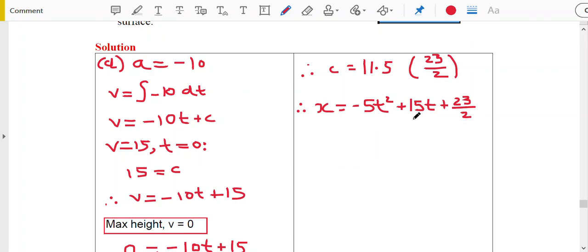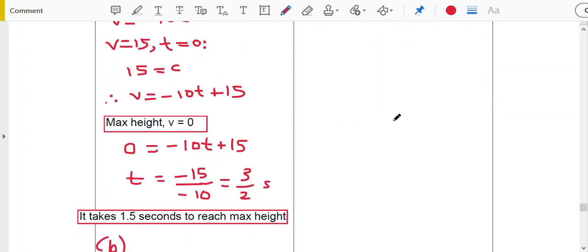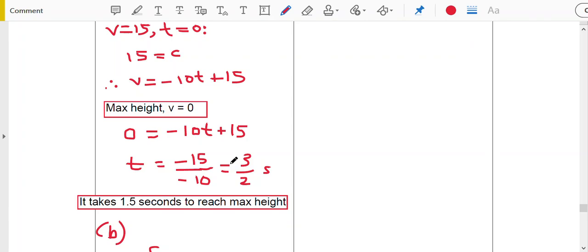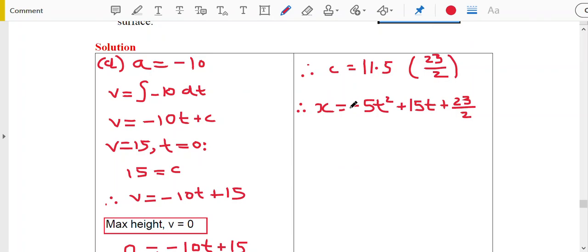Now I need to find the maximum height. What's the maximum height that the ball reaches above the pool surface? From part A, I actually know that it takes 1.5 seconds to reach maximum height. So I can use that number to help me find the maximum height.